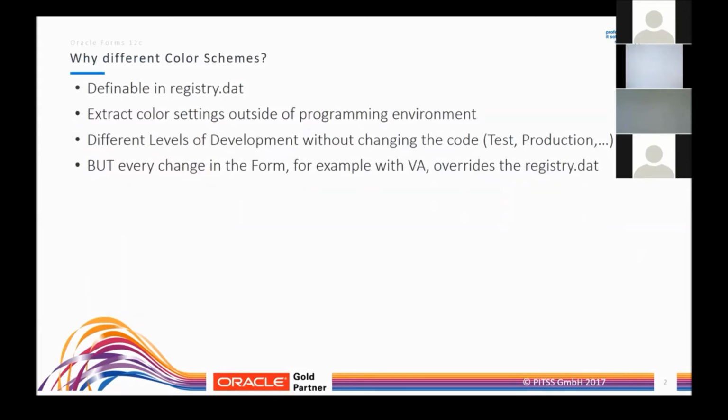The idea is to extract the color settings out of the code and the programming environment. But every change in the form, for example, with the visual attributes, overrides the registry.dat.